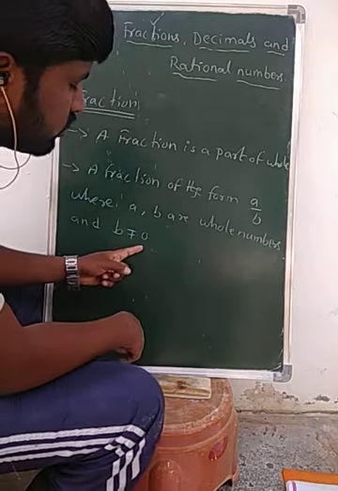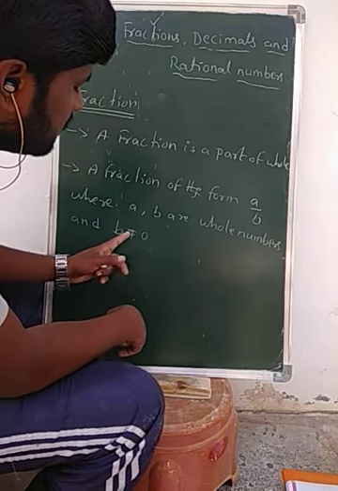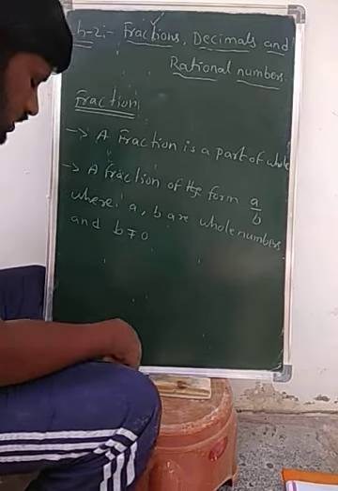Clearly we know 0 is a whole number, but according to the condition, b should not be equal to 0.